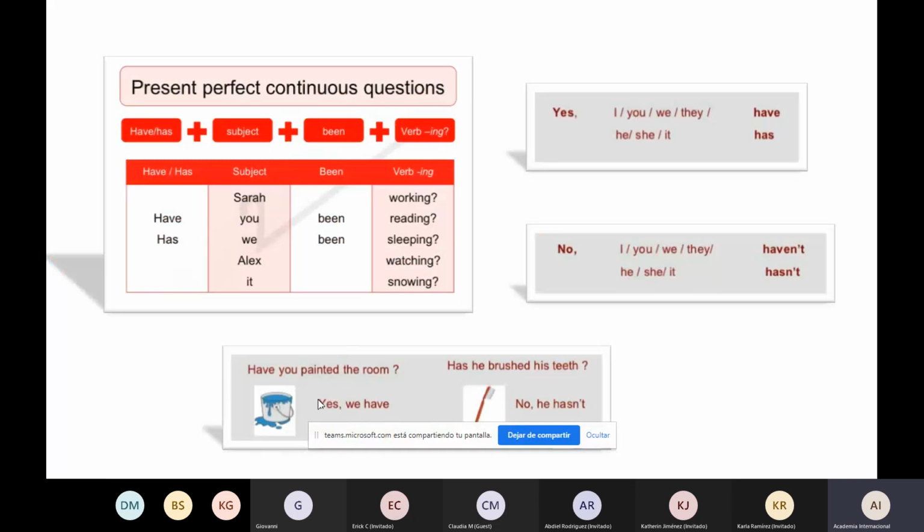Lo que quiero mencionar, y ese es el punto, es que a la hora de mencionar una respuesta, short answer, es igual. Entonces puedo decir, yes, we have, or no, he hasn't, de igual forma como si estuviéramos utilizando esta estructura para una respuesta corta del presente perfecto progresivo.